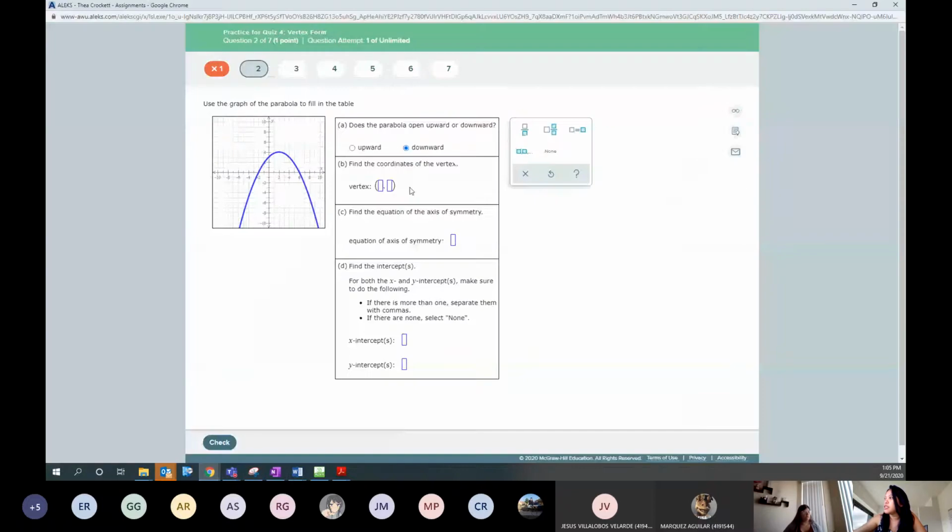Okay, so let's go back. Yes, this is downward. And what is the vertex? Anyone? Here's the vertex. What point is that? You can also type in the chat. Extra points, what is the vertex?